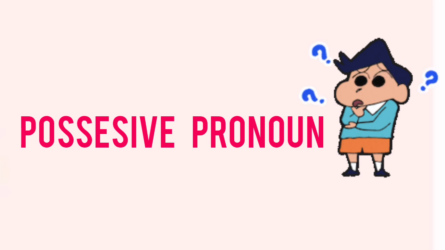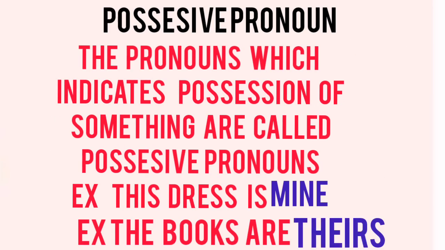The pronouns which indicate the possession of something are called possessive pronouns. The literal meaning of possessive is to whom something belongs, belongingness. They can be used both in singular and plural form.